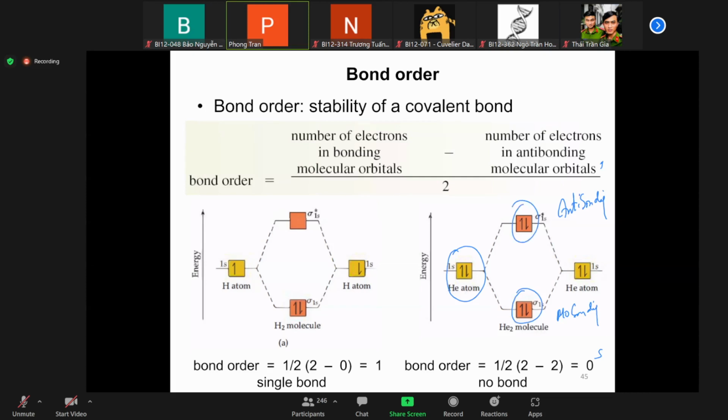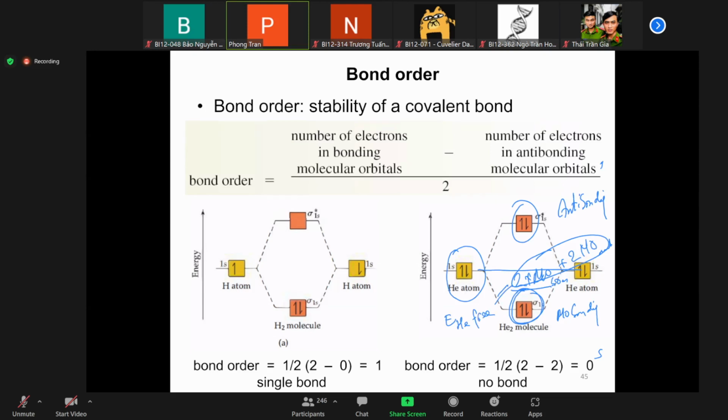So now the total energy of the system equals 2 times the energy of the bonding MO plus 2 times the energy of the anti-bonding MO. The 2 electrons in the bonding have lower energy than the average, and the 2 in the anti-bonding have higher energy than the average. So basically this will exactly equal the energy when the 2 heliums are free.